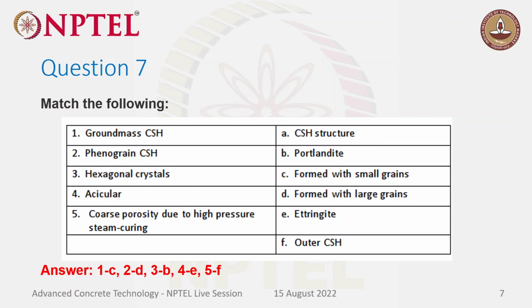Due to high pressure, high temperature curing and all, it undergoes diffusion. Obviously outer CSH will be the major hydration product when it comes to steam curing. So is there any query with question 7? Okay, so the correct answer is 1C, 2D, 3B, 4E and 5F.